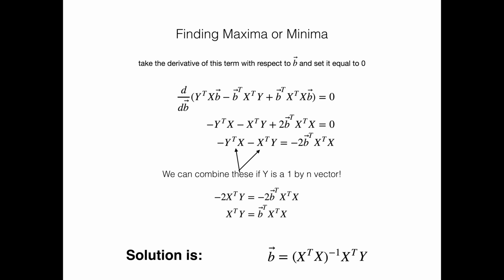If you give me any input data X and output data Y, I can run this simple operation in whatever programming language I want, and give you back the parameters of the linear model that best describe the data, that minimize the error, that minimize the width of that random variable, that make X as close to Y as possible.